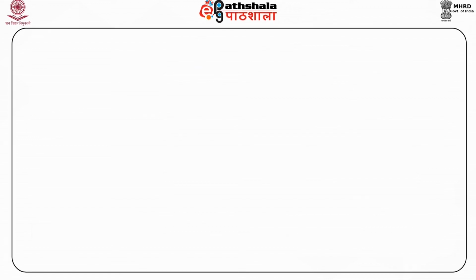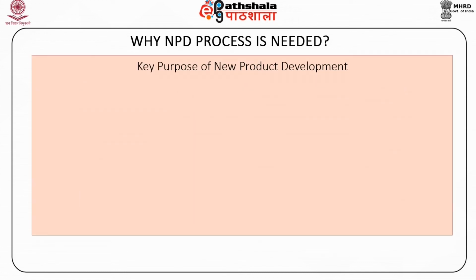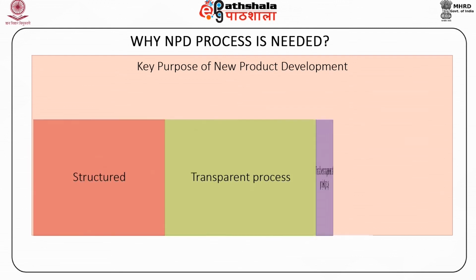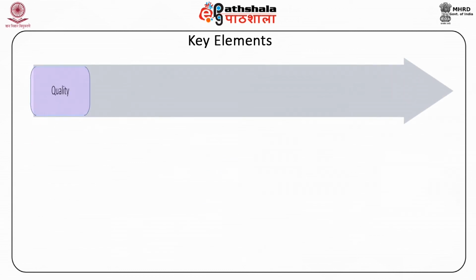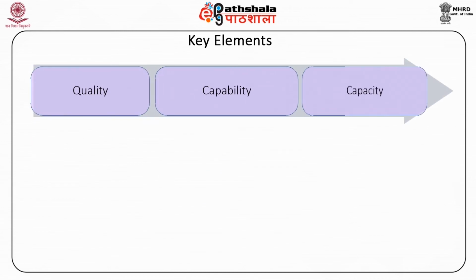Before we move on to the steps of the new product development process, let us understand why well-formulated processes are needed. The key purpose of the new product development pipeline is to create a structured, transparent process that allows management of the project crew. And the key elements include quality, capability, and capacity.